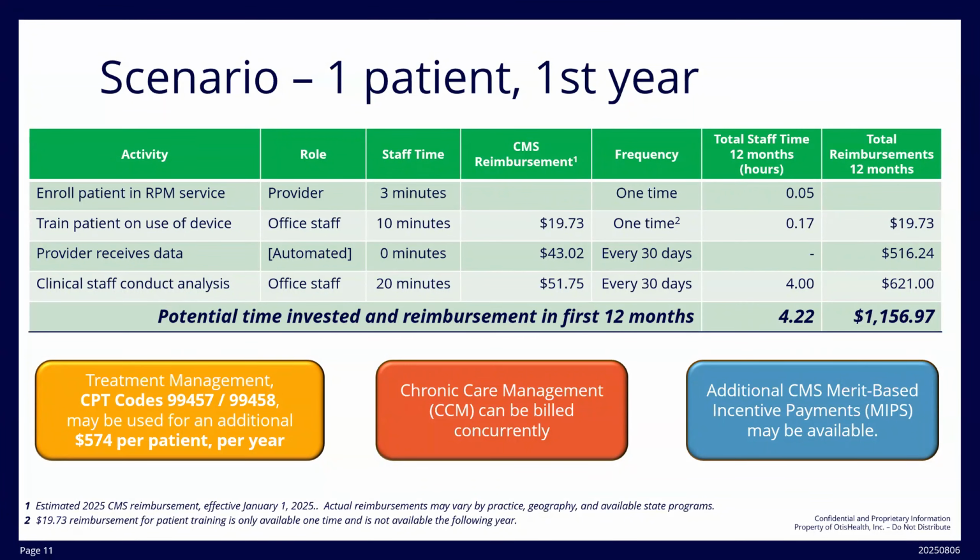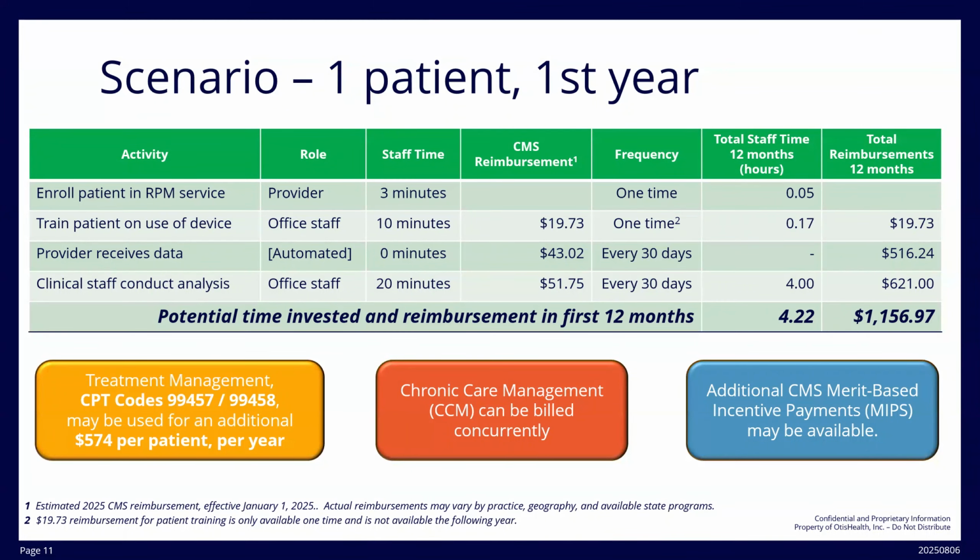Then once the patient starts taking the readings, the data is automatically transferred to the platform. So as soon as the reading's taken on a device and it's synced with the patient's app, it's automatically conveyed to the provider portal, and thereby it's available through this automated process. That's an additional $43 a month.